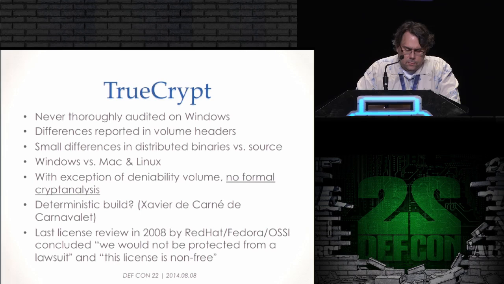So there were some issues around the different versions, whether you downloaded the binary or tried to compile it from source. There are volume header differences in the different platforms. It was originally, by the way, a Windows project, and was eventually ported to Mac and Linux. Bruce and colleagues a few years ago did a formal cryptanalysis on the deniability volume aspect.